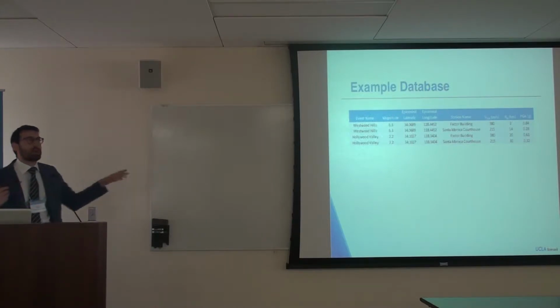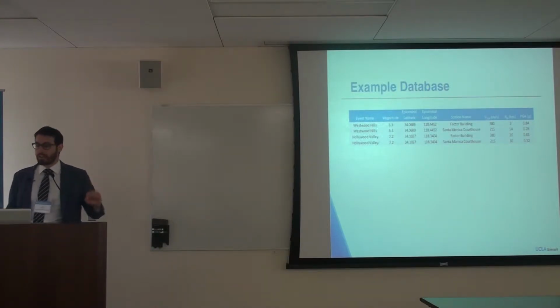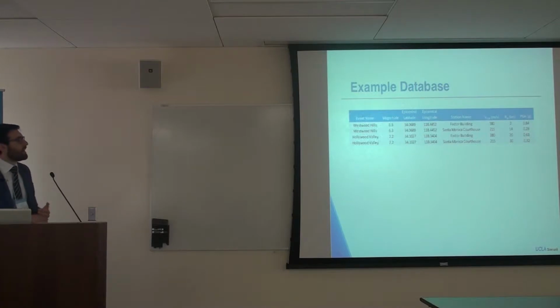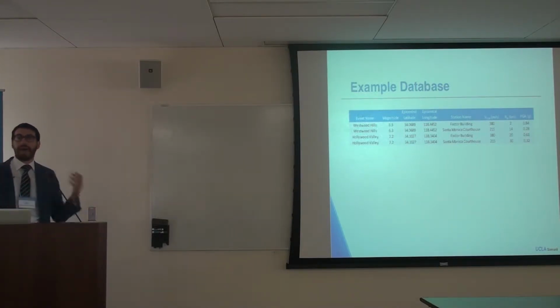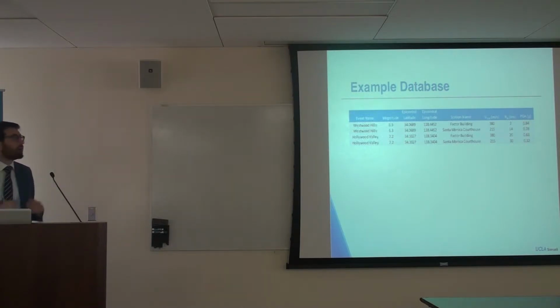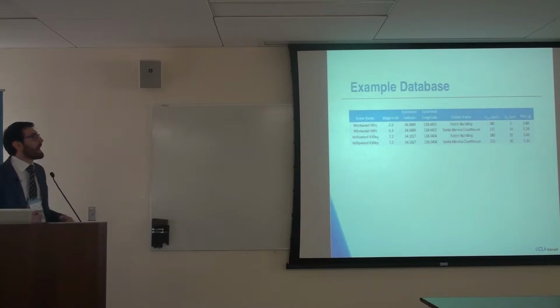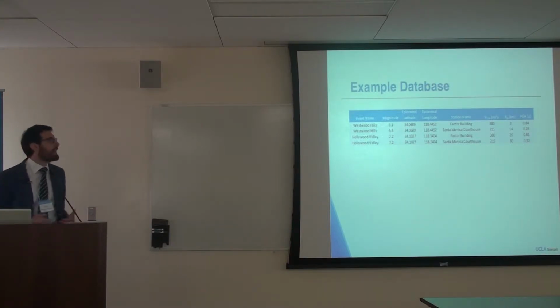So let me give you an example of a typical spreadsheet-based data collection. This is about earthquake ground motion, but you can expand this idea for whatever you want. We have several earthquake events. We have the magnitude associated with each of them, and of course the location of the epicenter.